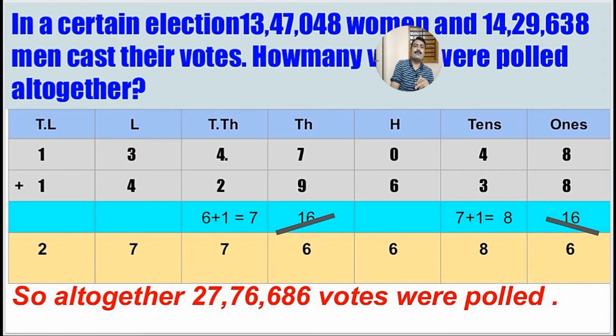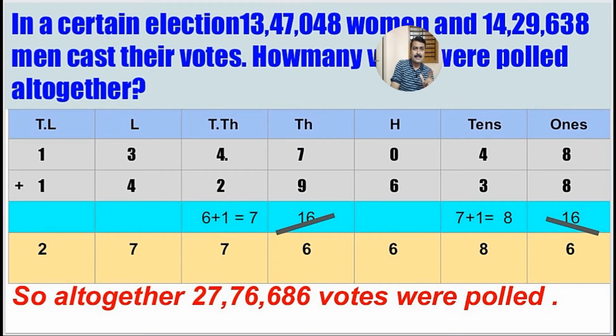Thereafter we have to arrange the second number, which represents the number of men, that is 14,29,638. While arranging that second number, we arrange it the opposite way.